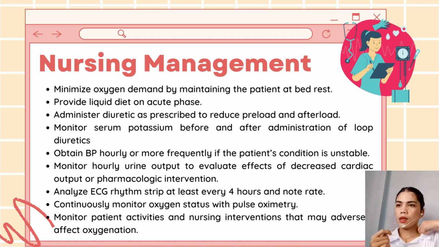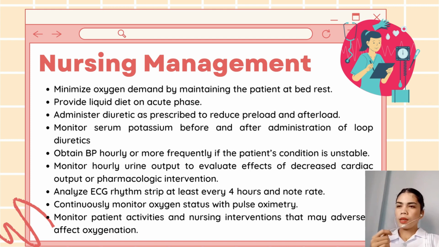And then another one is obtain BP hourly or more frequently if the patient's condition is unstable. Monitor hourly urine output to evaluate effects of decreased cardiac output or pharmacologic intervention.